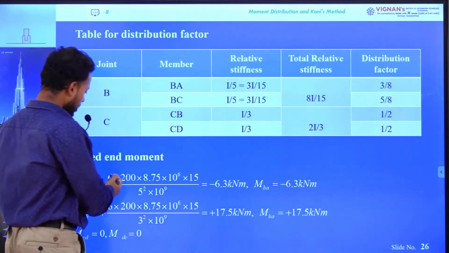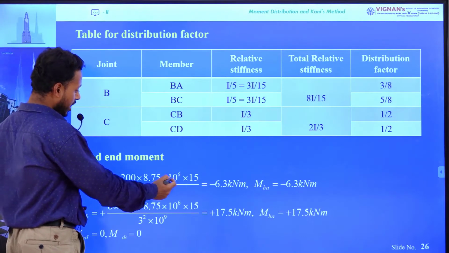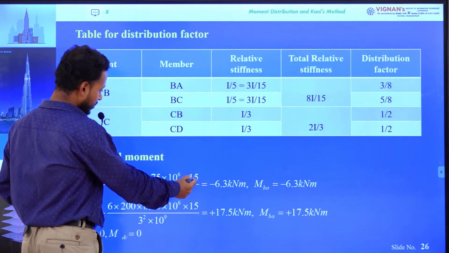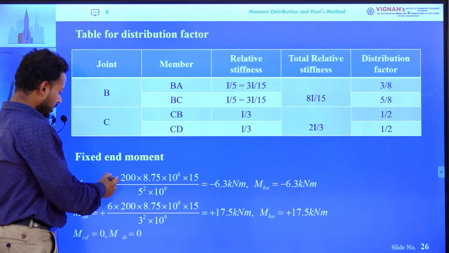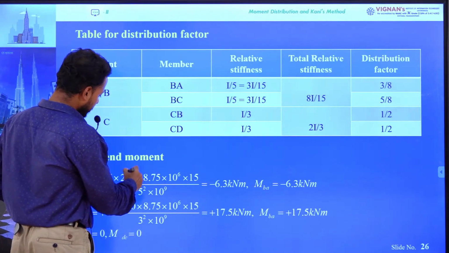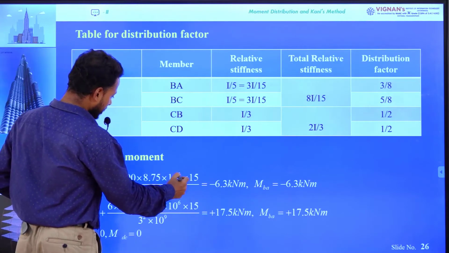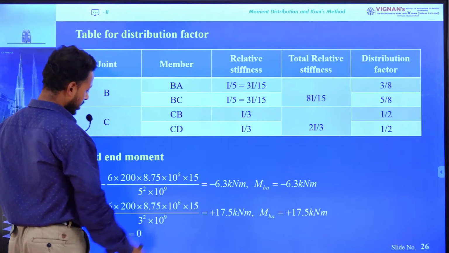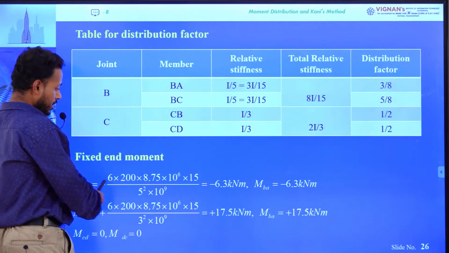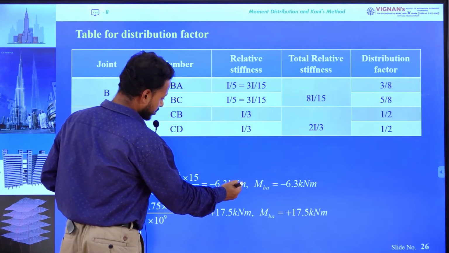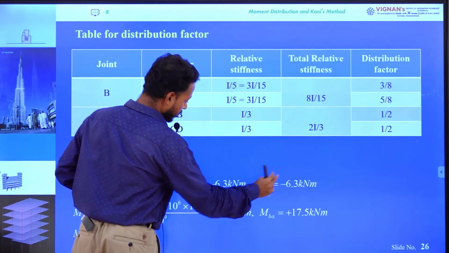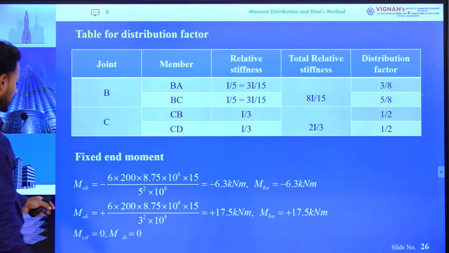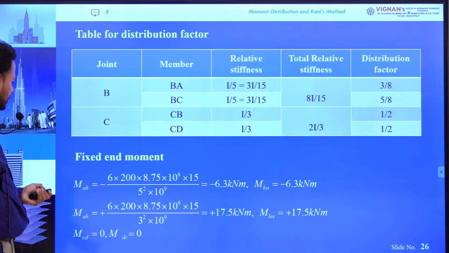So put the values: 6 into E into I into delta by L square. So I have calculated MAB equals minus 6.3 kilonewton meter and MBA equals minus 6.3 kilonewton meter. Same.